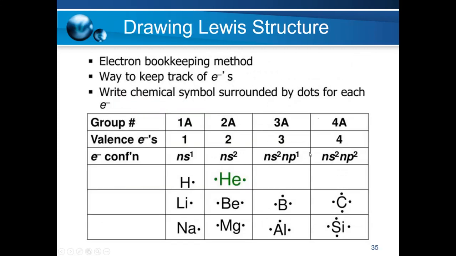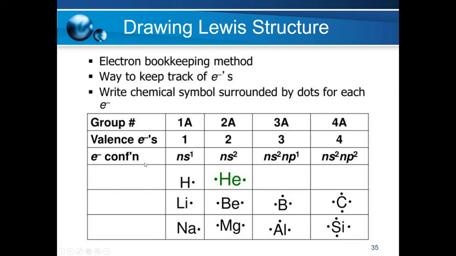And how to draw the Lewis structure? We have the electron bookkeeping method, a way to keep track of electrons. Write chemical symbols surrounded by dots for each electron. So you have group 1, group 2, group 3 and group 4. So the valence electrons for each group are 1, 2, 3, 4.